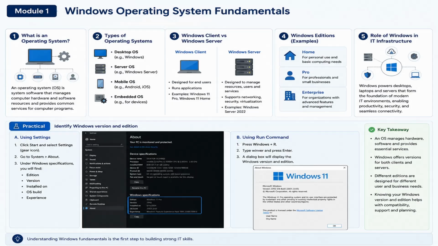In the upcoming videos, I will tell you about the architecture of Windows, and gradually we'll do some practicals as well to understand how you install the operating system, and what are the options you get while installing any Windows edition, right? So in the next video we'll deep dive into Windows architecture basics. I'll let you know what is a kernel, what are the system processes, services, registry, and file system.